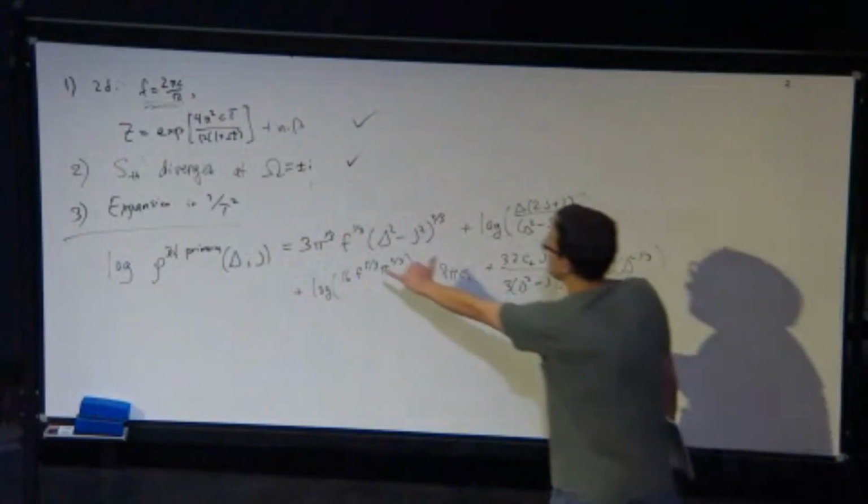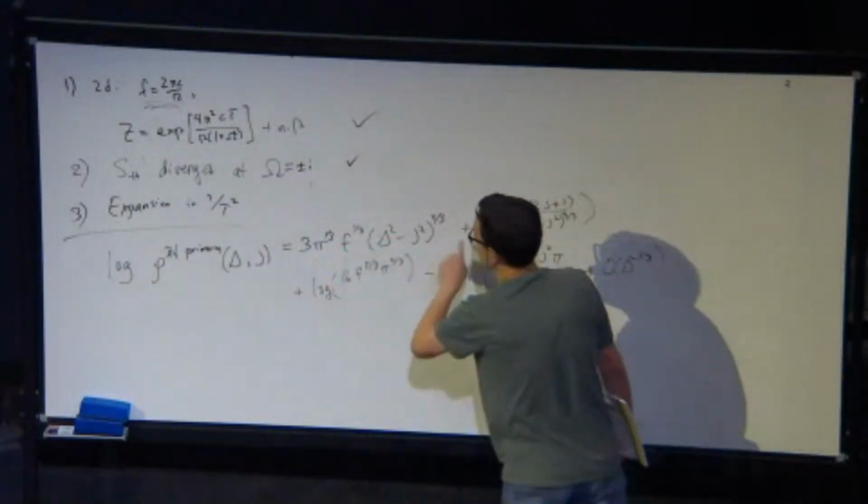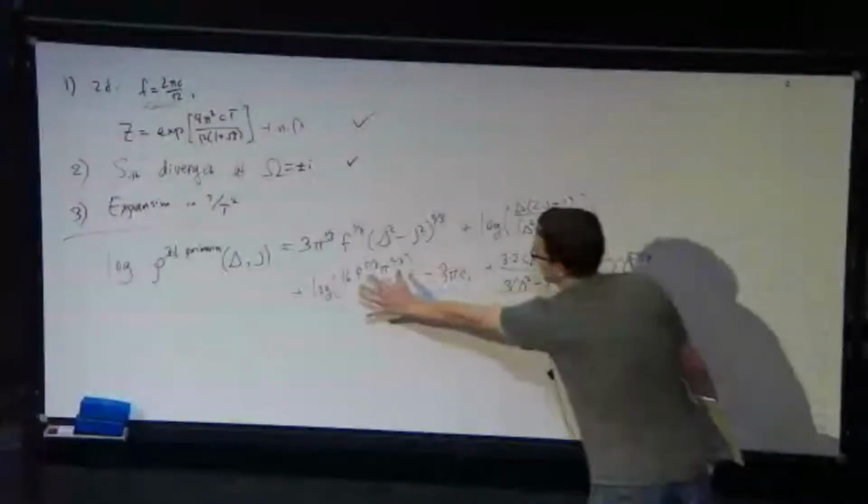So we see this is the leading term coming from the cosmological constant, and this is the one-loop determinant stuff.